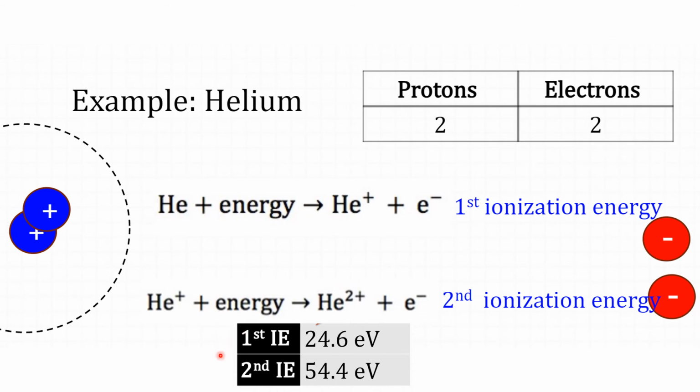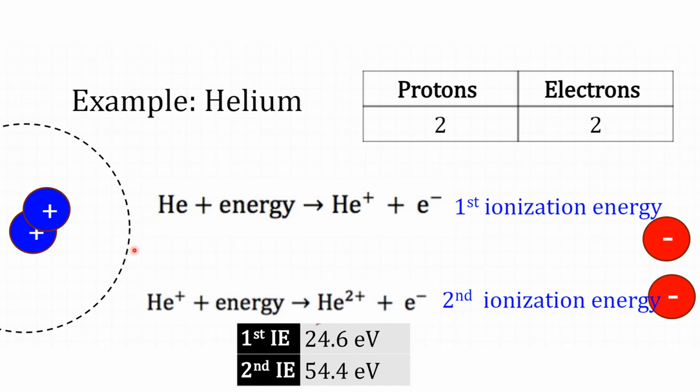Now when you compare the values of first and second ionization energy, you can see that the second ionization energy is more than double the first. Why is it so? Initially there were two protons and two electrons, so removing the first electron needs 24.6 electron volts.